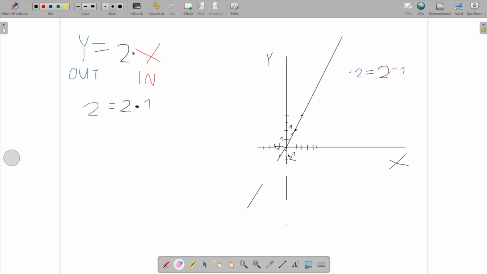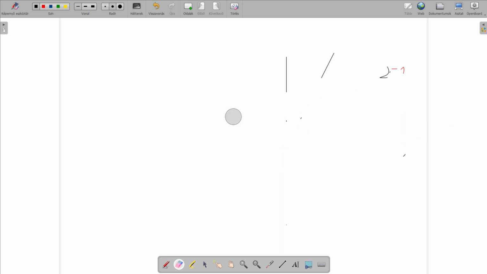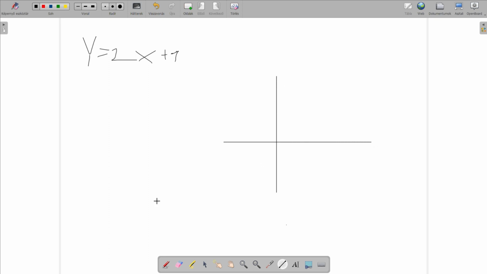Now let's try another example. Let's erase our board. We will have something trickier this time. We will have y equals 2x plus 1. And we have a straight line here and another axis here.